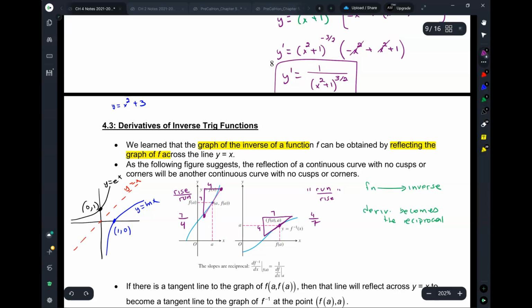So let me show you in another way. Suppose you have x squared, and this is the point x equals 2, y equals 4.